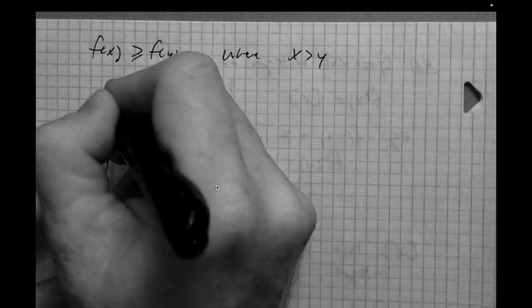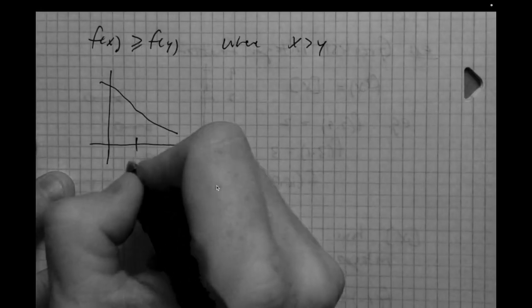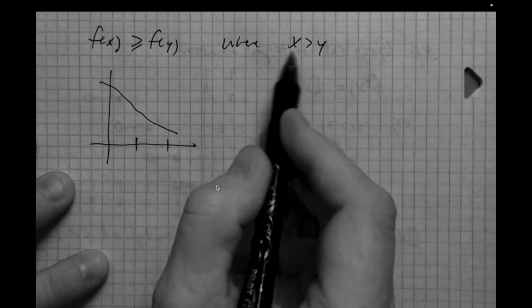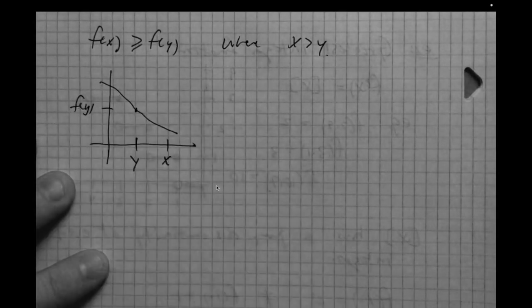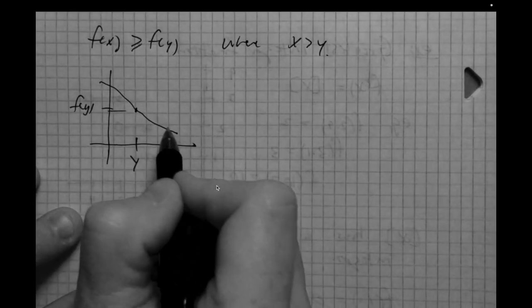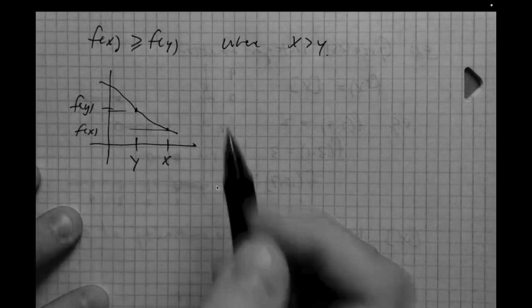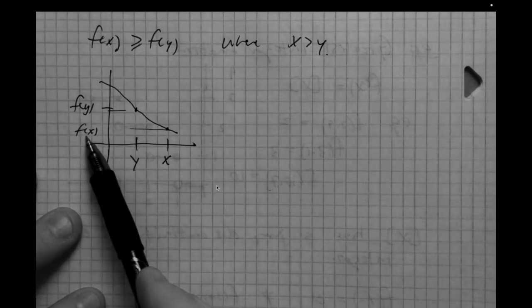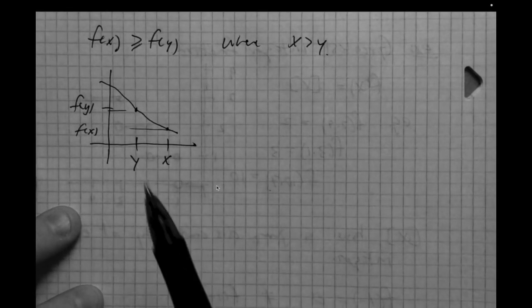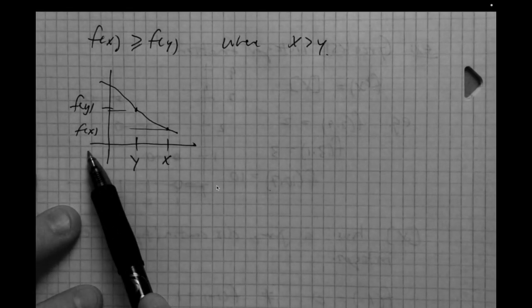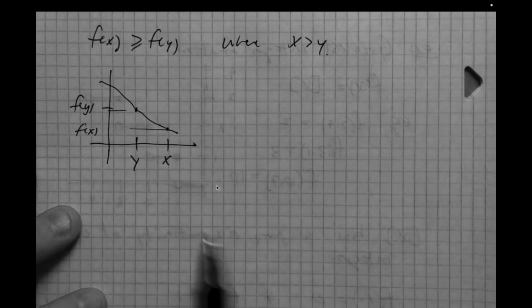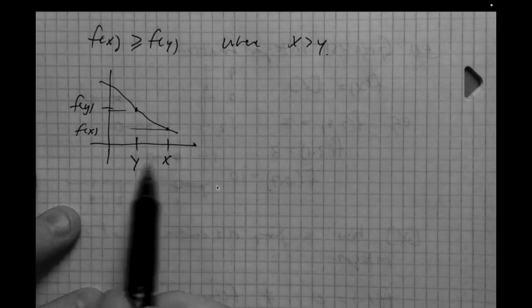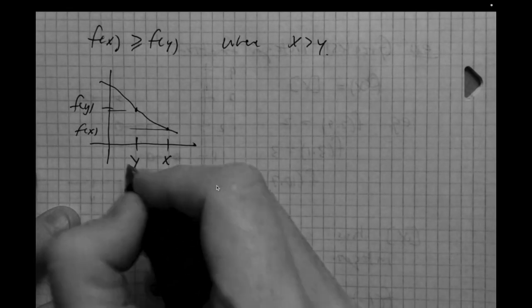So a monotone decreasing function will look like this. Let's say x is greater than y, so y would be here, x would be here, here's f of y, and here is f of x. Hold on a second, do I have that backwards? I think I need to write it like this.